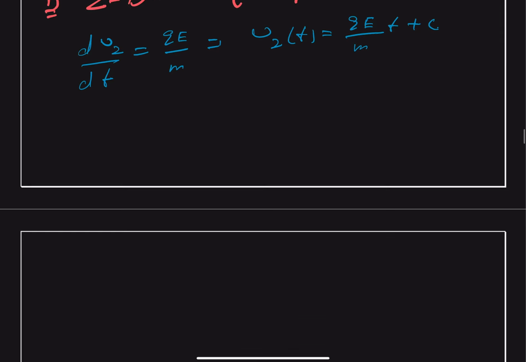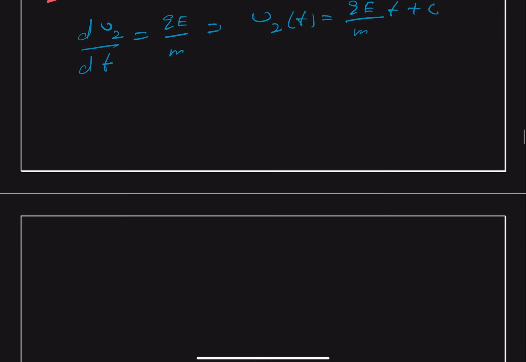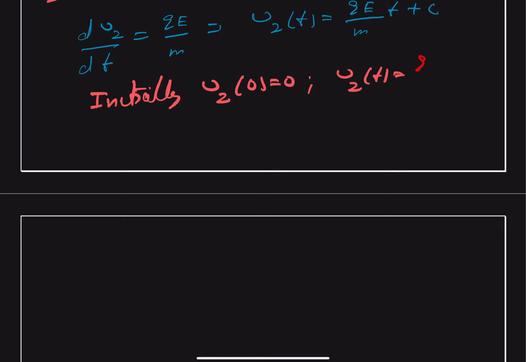Initially it is given that the component is 0, so at time t equal to 0, vz is 0, and therefore vz(t) will be qE upon m multiplied by t.